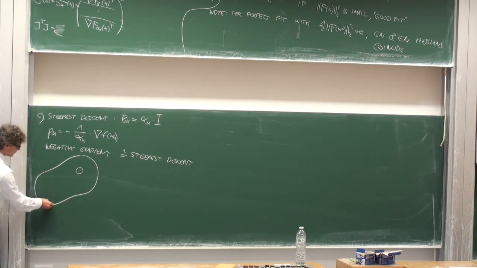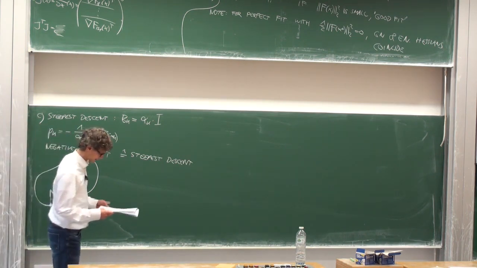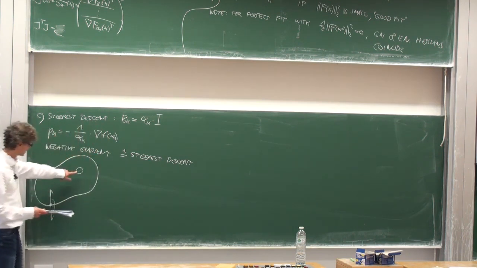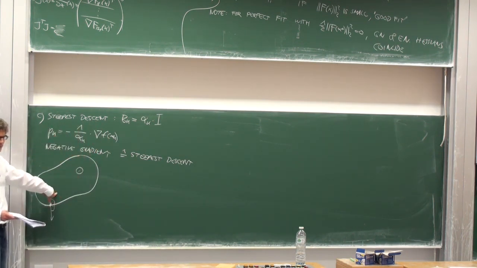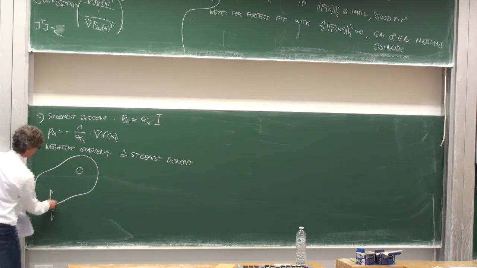And now you are here, and the gradient is always orthogonal to your level lines. That's the property of a gradient. And the steepest descent direction is actually in the negative direction. So that is the steepest descent direction. It will lead you downhill in the steepest way. It's not necessarily the fastest way to the solution, as you see already from this plot. Yeah? So ideally you would go here.